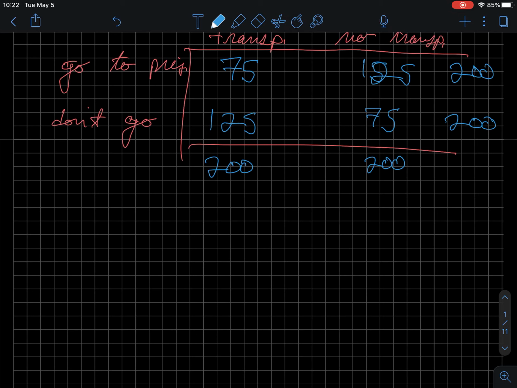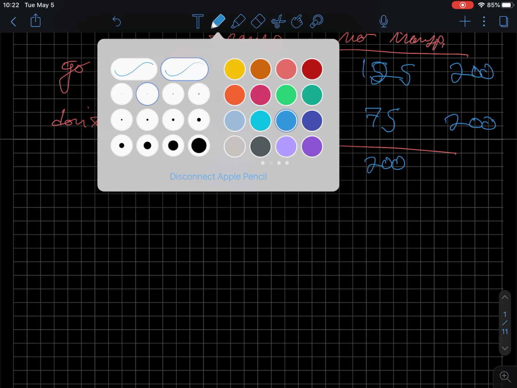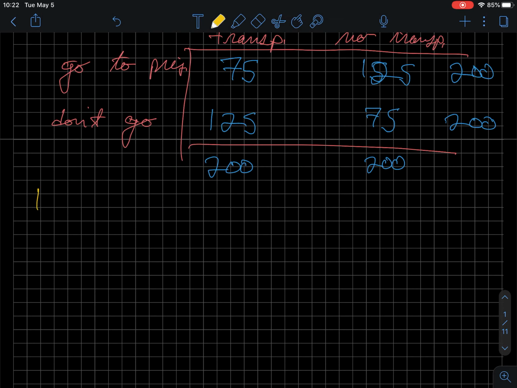If we look at one cell, we can first look at a conditional proportion. So what does this tell us? 75 out of 200 people, 75 divided by 200.